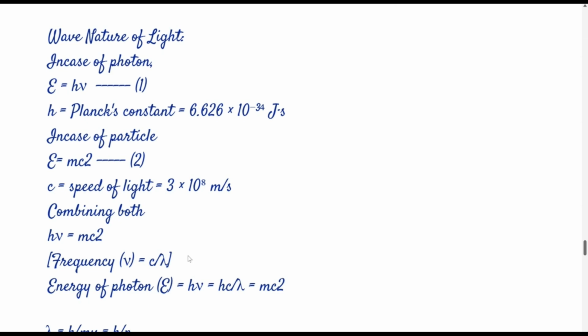Okay, the next part, that is the dual nature of light. So first of all, the wave property. In case of a photon, the wave energy is equal to h nu, is it? And in case of particle nature, that becomes mc square, from Einstein we are taking. By combining these two, for energy, h nu is equal to mc square.